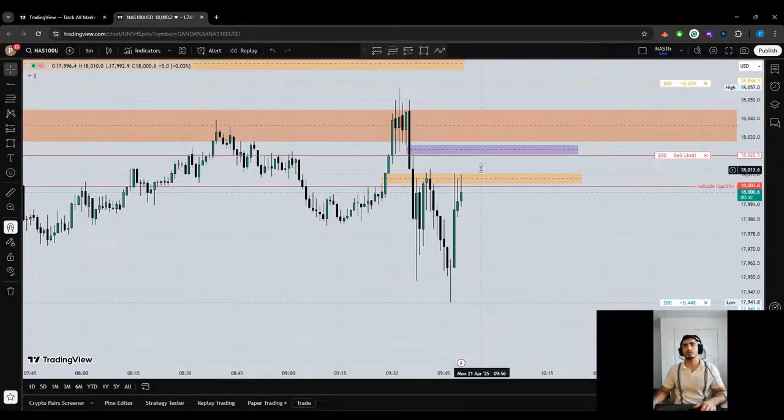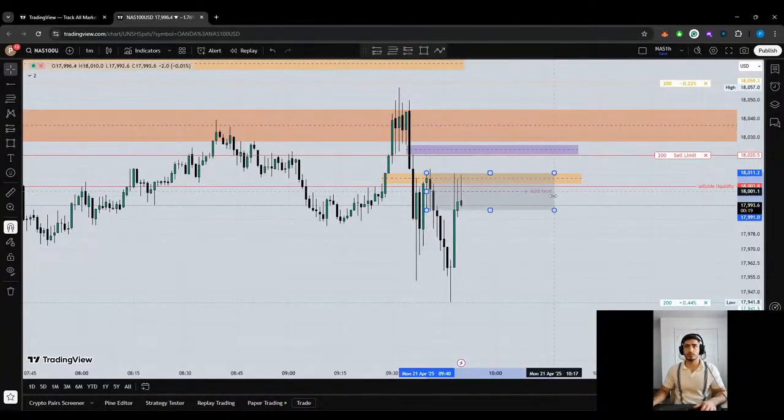I would really love to see it tap into this first presented fair value gap. But now, as it is, it's having a hard time passing that inversion. So do that, and we'll also do this. Send this order block.